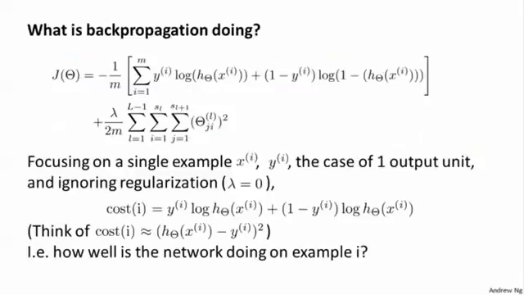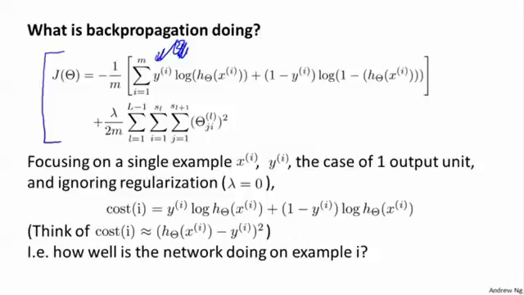To better understand what backpropagation is doing, let's look at the cost function. Here's the cost function for when we have only one output unit. If we have more than one output unit, we used to have a summation over the output units indexed by k. But if you have only one output unit, then this is the cost function. We do forward propagation and backpropagation on one example at a time.